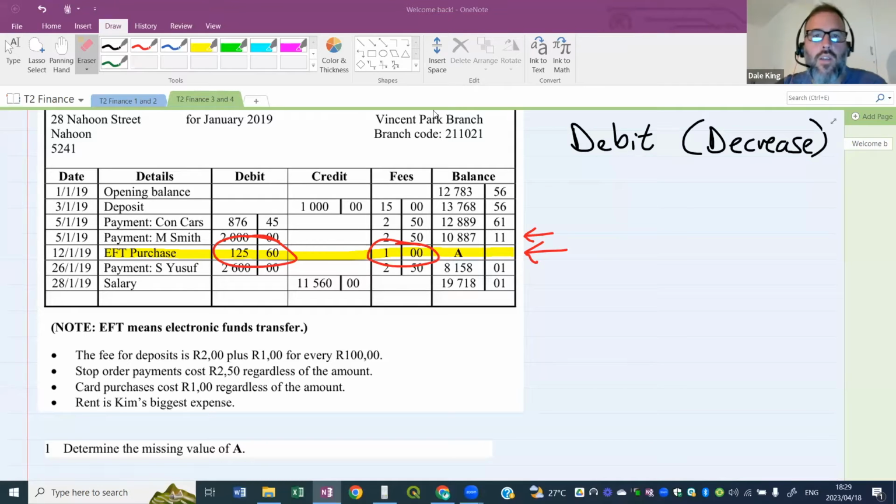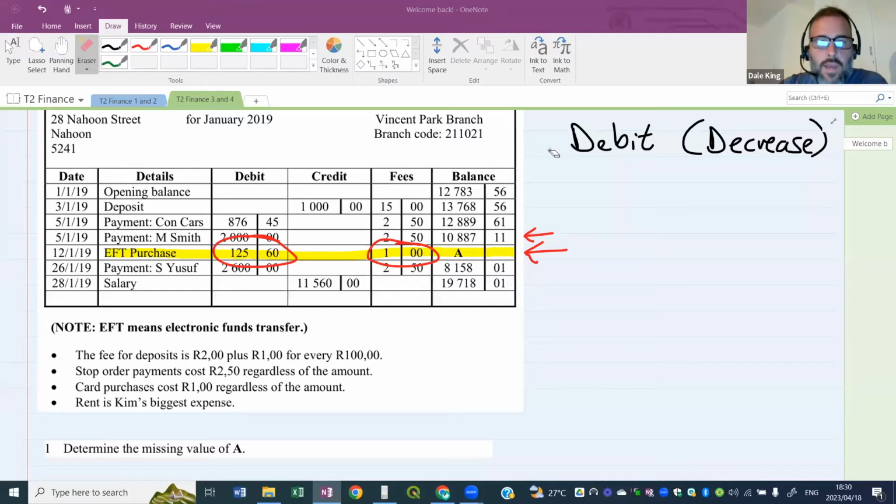Masejo, you have a question? Hi, sir. How are you? I'm okay, thanks. I have a question. I can see that everyone that is calculating this transaction is not using the fees. Are we supposed to use the fees? Yes, you are. R1 fees. We have to include the fees.